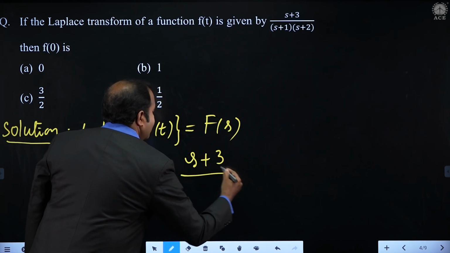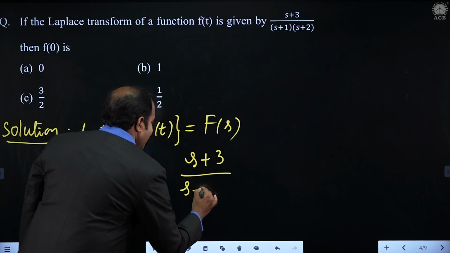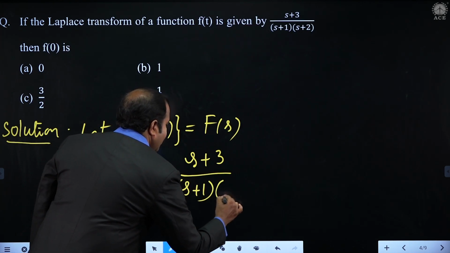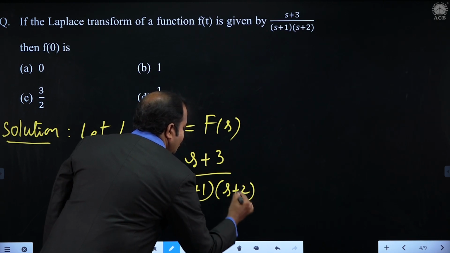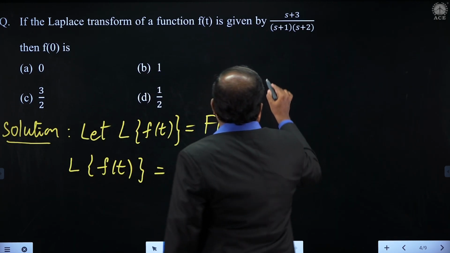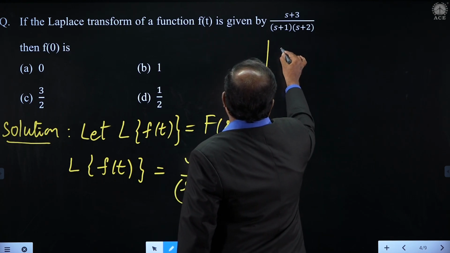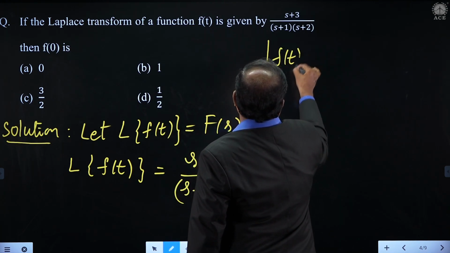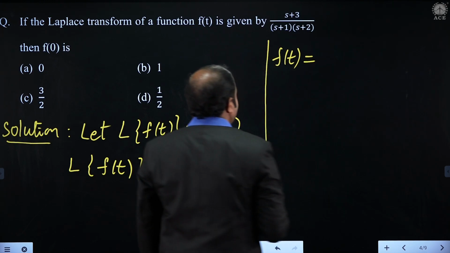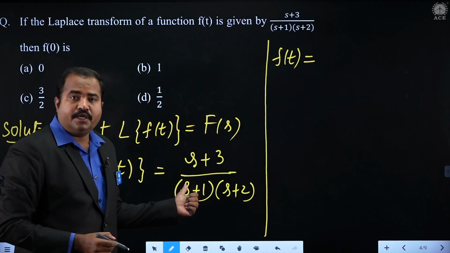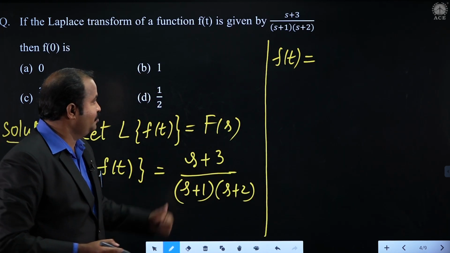by (s plus 1) into (s plus 2), right? So this can be written as f of t is required for us. So this is equivalent to the inverse Laplace transform of this one.